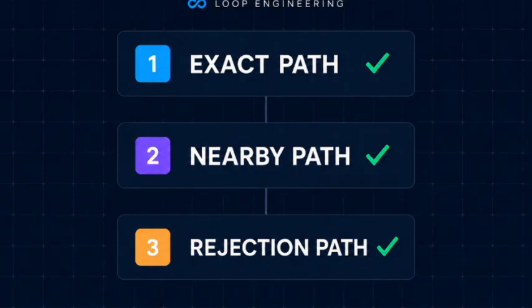So the three checks are: test the exact path that failed. Then you're going to test the nearby valid path, so the closest things to where it was broken. And then you want to test the path that should still be rejected, making sure some of the security levels that have been put in place have not been compromised, yeah?